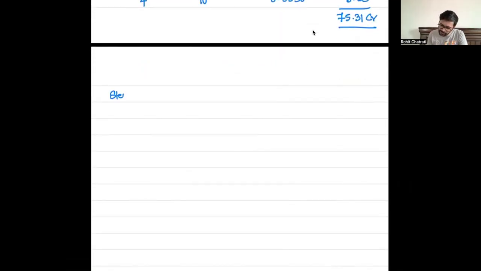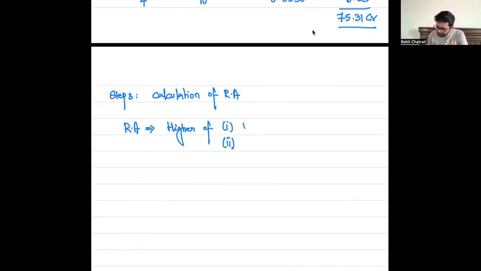Step 3 would be calculation of recoverable amount. Now that we have VIU, we can actually calculate recoverable amount. Recoverable amount is the higher of value in use and FV less CTD. VIU, we just calculated it as rupees 75.31 crores.